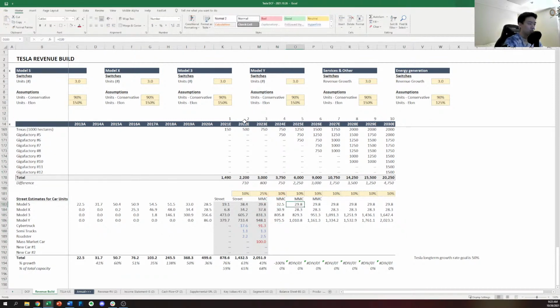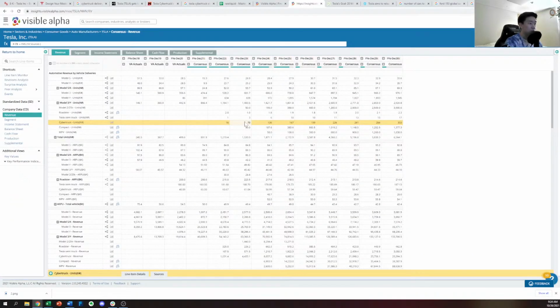Okay, so the Street thinks 32,000 Model S's, 30,000 Model X's. They're thinking it might go down because of the mass market car. I think most likely that would happen. Okay, let's start off with the Cybertruck.